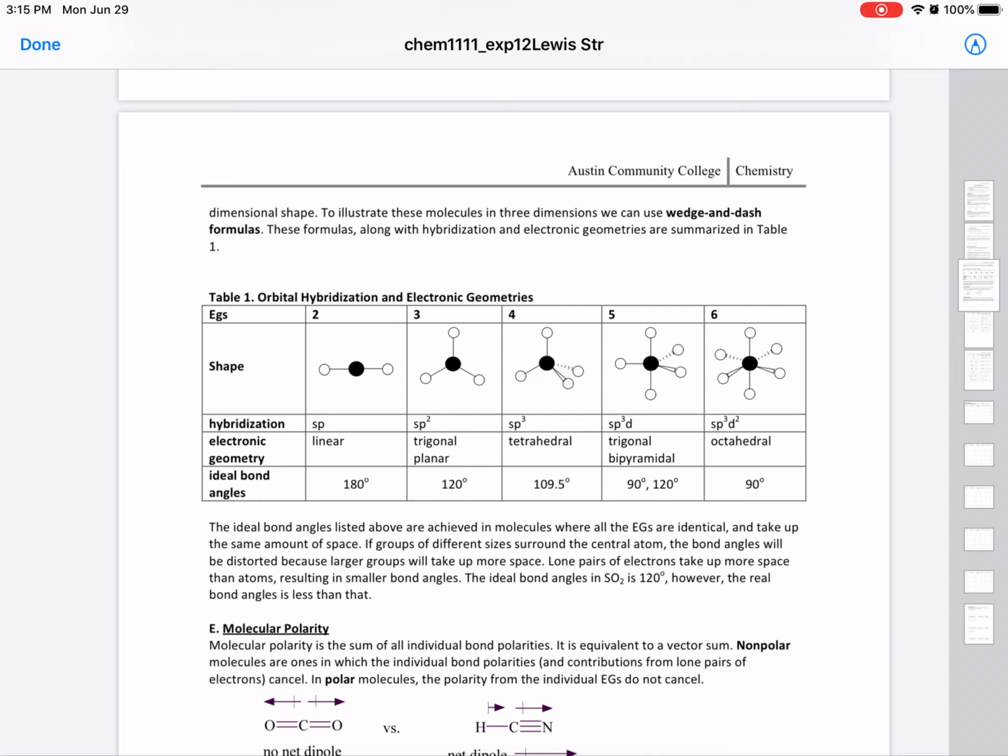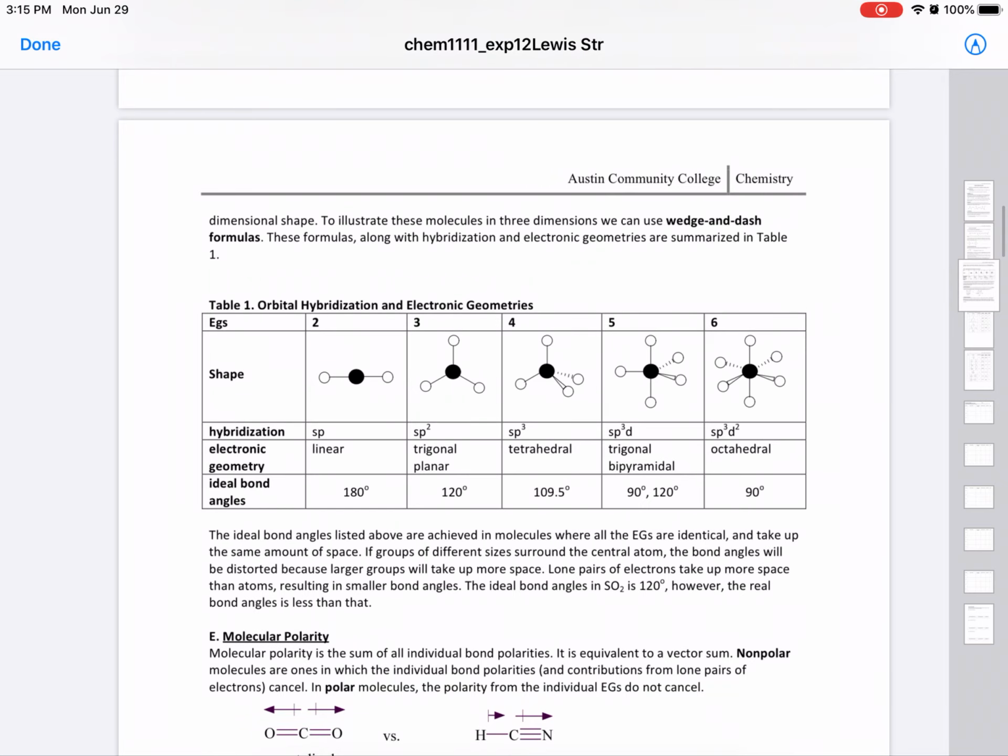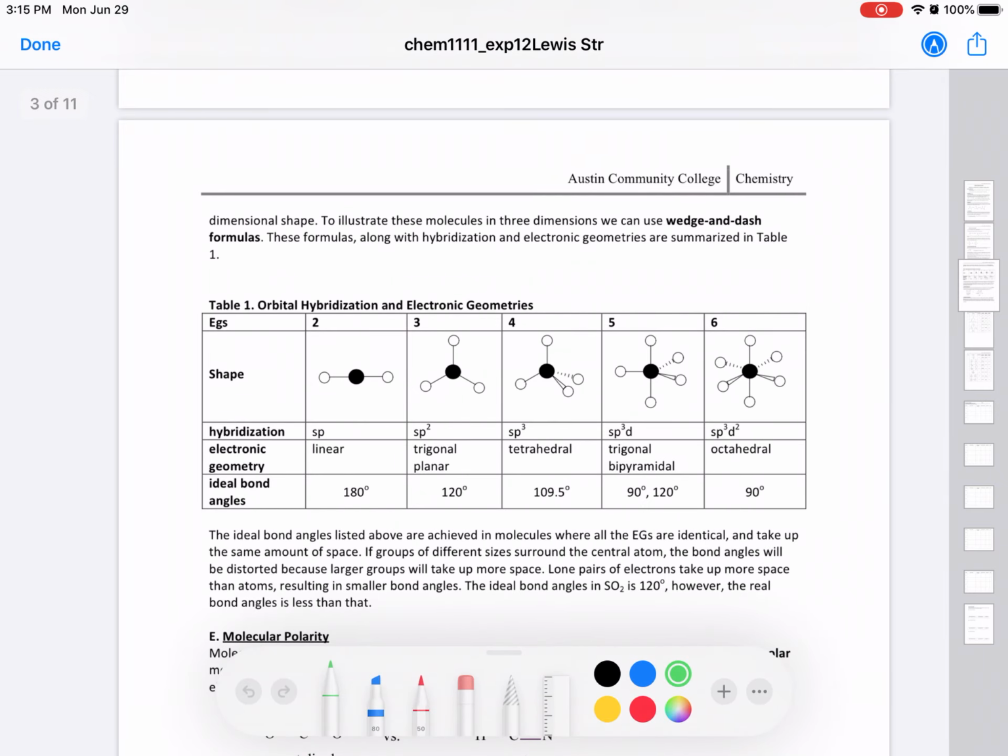So electron groups could be a single bond, a double bond, or a triple bond. So the type of electron groups surrounding the central atom could be a single bond, a double bond, a triple bond, or a lone pair, or a lone electron.